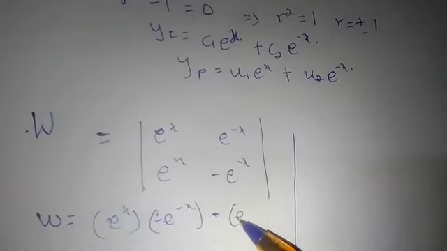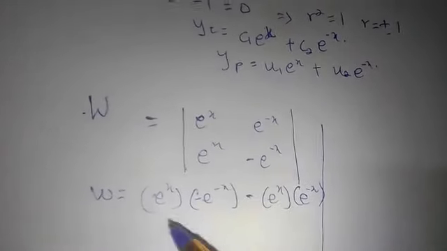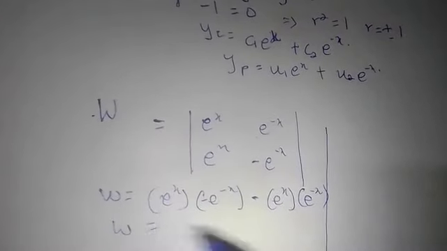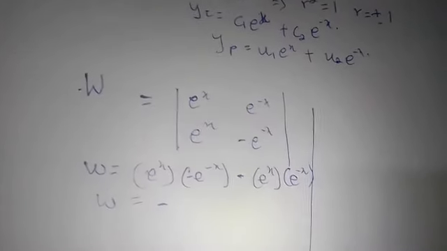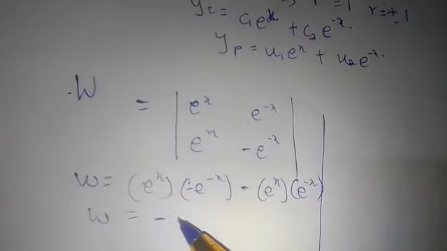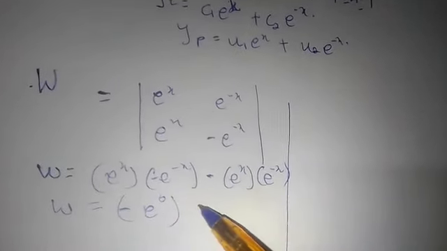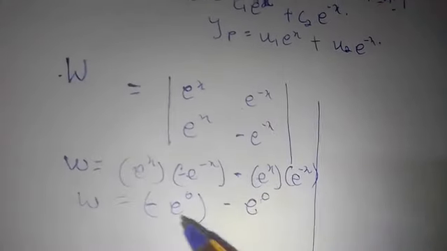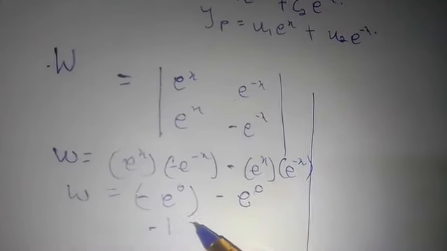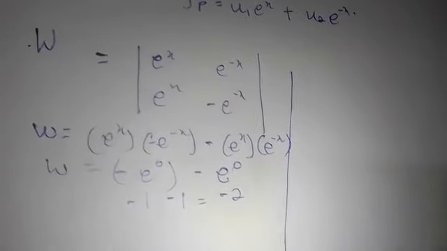Adding x plus negative x gives 0, so negative e to the power 0, minus e to the power 0. So what do I get here? Minus 1, then minus 1, giving me negative 2 as my Wronskian.